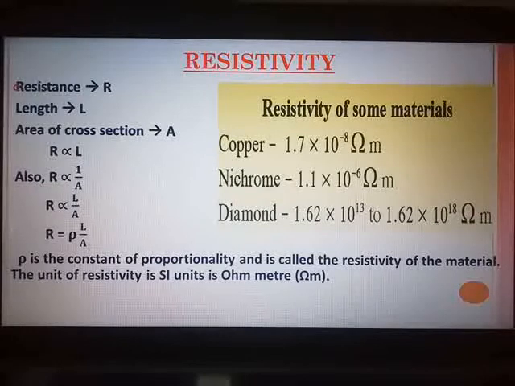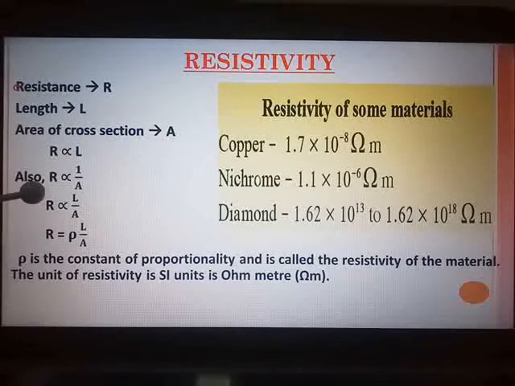At a given temperature, the resistance, denoted by capital R, of a conductor depends upon the length L and the area of cross section A, and also the material of which the wire is made. So R is directly proportional to the length and inversely proportional to the area.